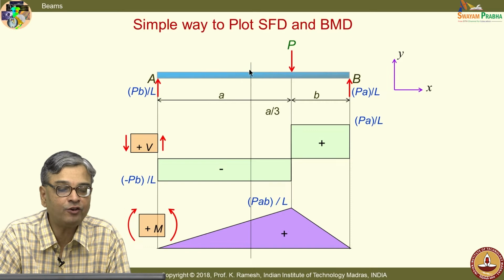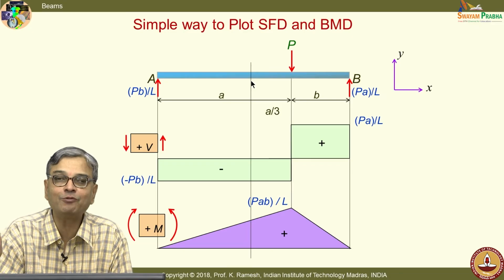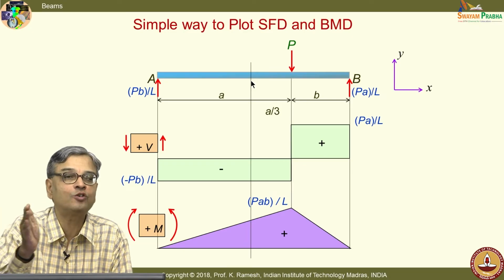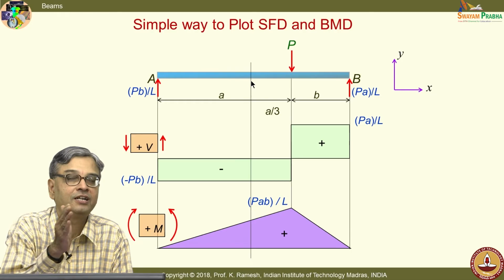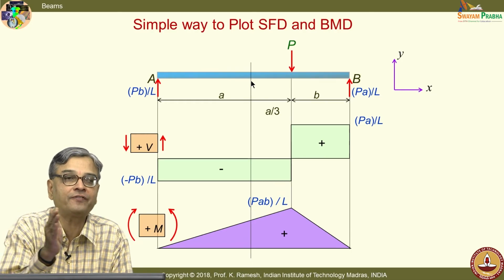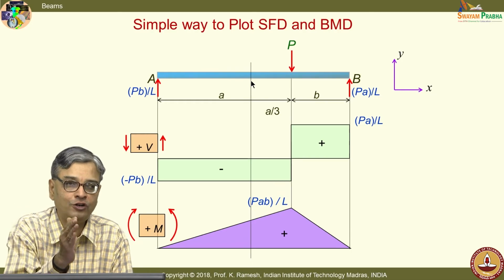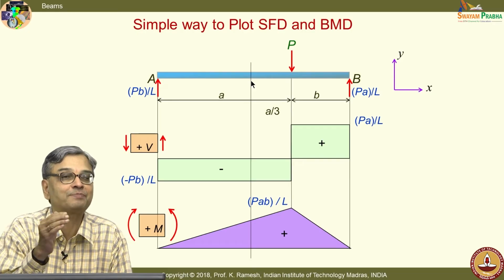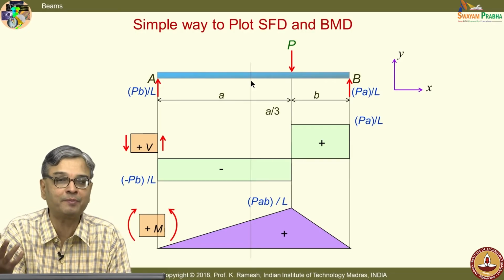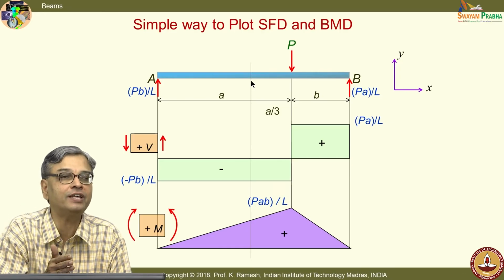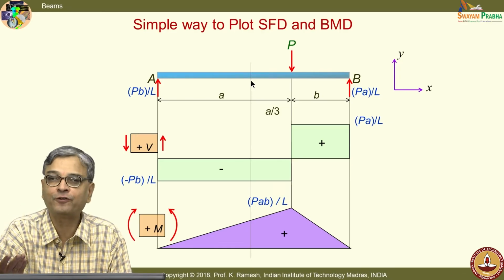The shear force is nothing but the effect of these two forces at this point. That means I have to translate these forces to the point of interest. When I translate these forces to the point of interest, I will have a force as well as a couple. The couple will be the bending moment at that point. The force summation would give you the shear force.